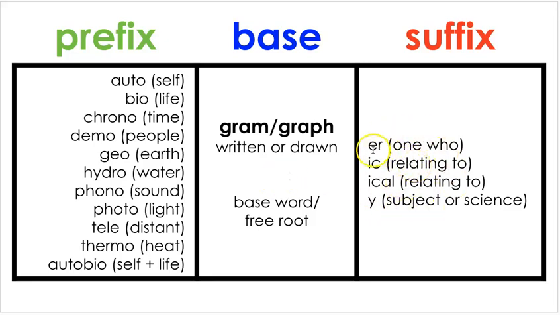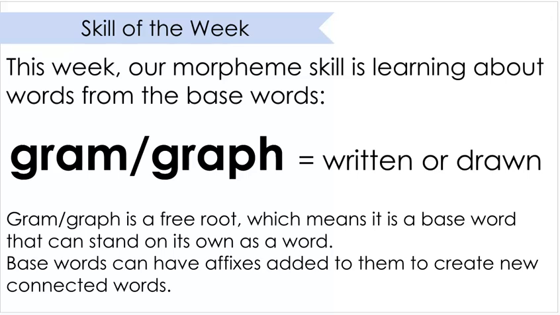We're finally getting here. We're going to look at these 4 suffixes, and I'm going to go over those in just a minute. So our morpheme skill is learning about the words from the base words gram or graph. They mean written or drawn. Gram or graph could be called a free root, which means it's a base word. They're base words, and they can stand on their own as a word.